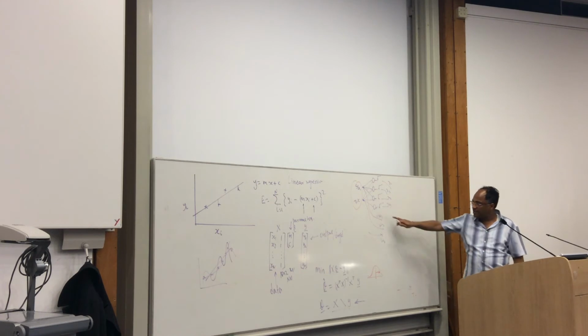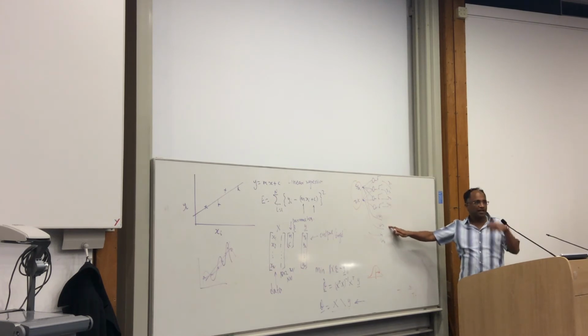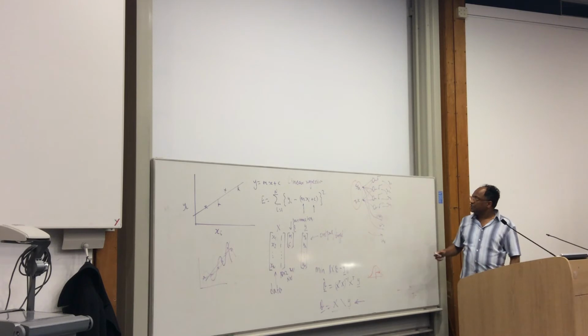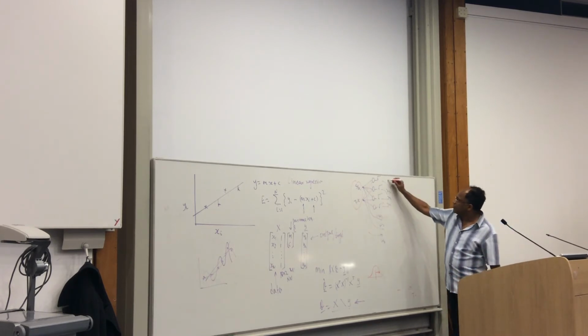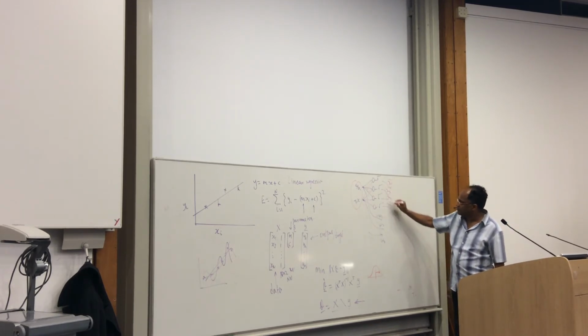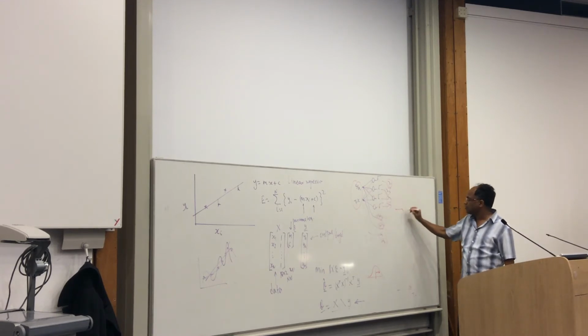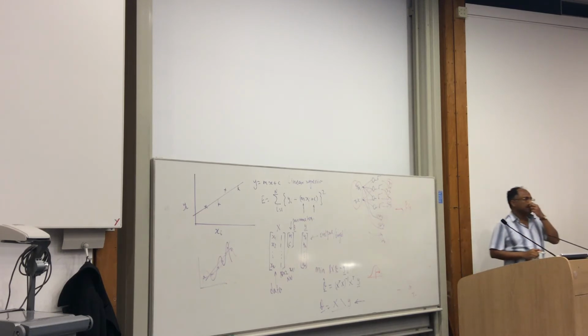Plus I have a linear function, plus I have an offset. This is what I started talking about initially. So the question then is, by how much should I weight each of these so that at the output I get a good approximation to the call option?